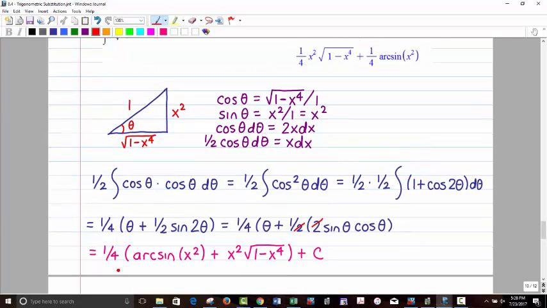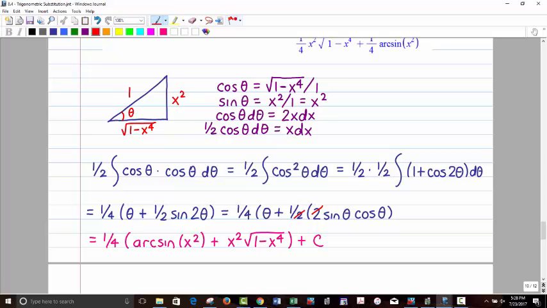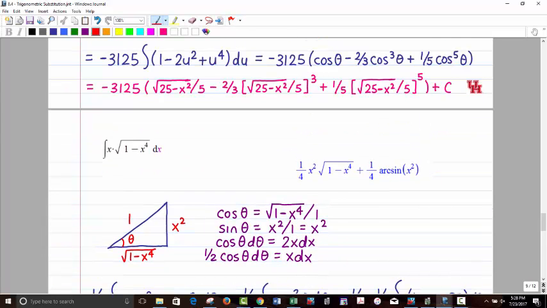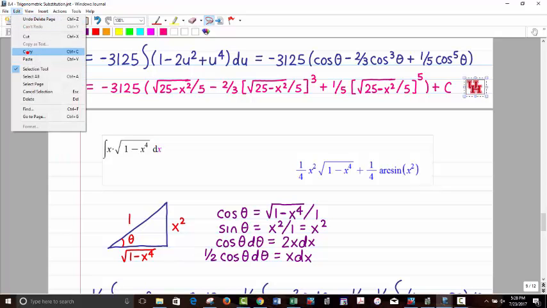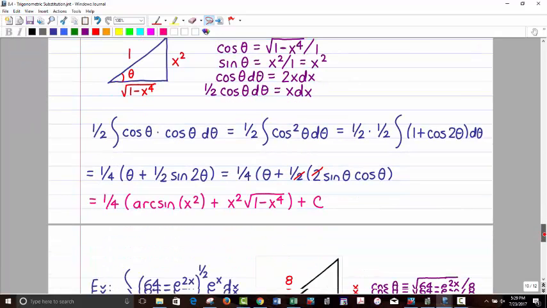And then I have a 1/4 to the outside there, and I have arc sine x squared plus x squared times the square root of 1 minus x to the 4th, which matches Maple's answer if you distribute the 1/4 through there and reverse the terms, but we basically have it. All right, very good. I didn't give it a seal of approval here.